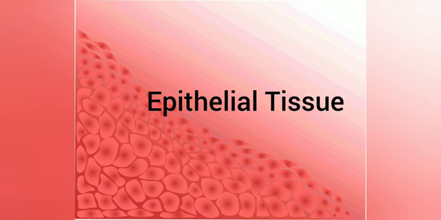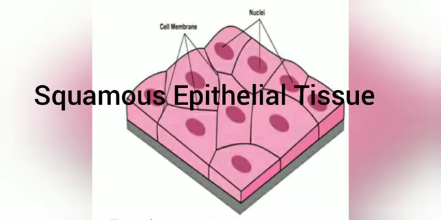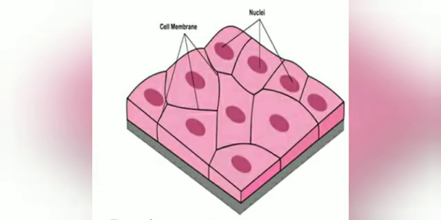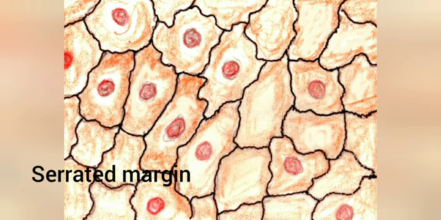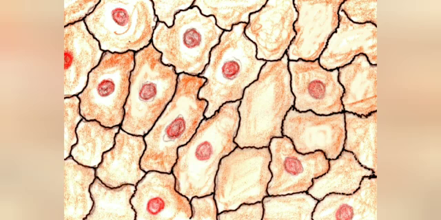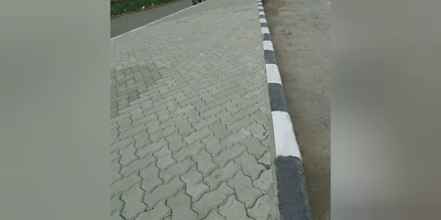The first simple epithelial tissue is squamous epithelial tissue. Cells of this tissue are flat, thin, polygonal with serrated margins. If I say the word serrated, that means wavy, it is not straight. And they fit together like tiles of a footpath.